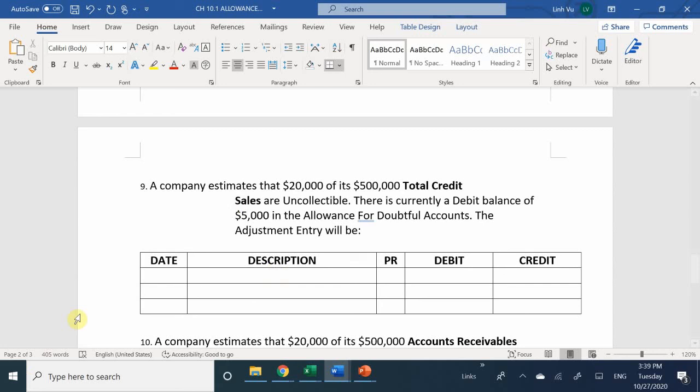The adjustment entry will be... So this will still be the bad debt expense, good, because it's an estimated amount. And then it will be the allowance for doubtful debt.